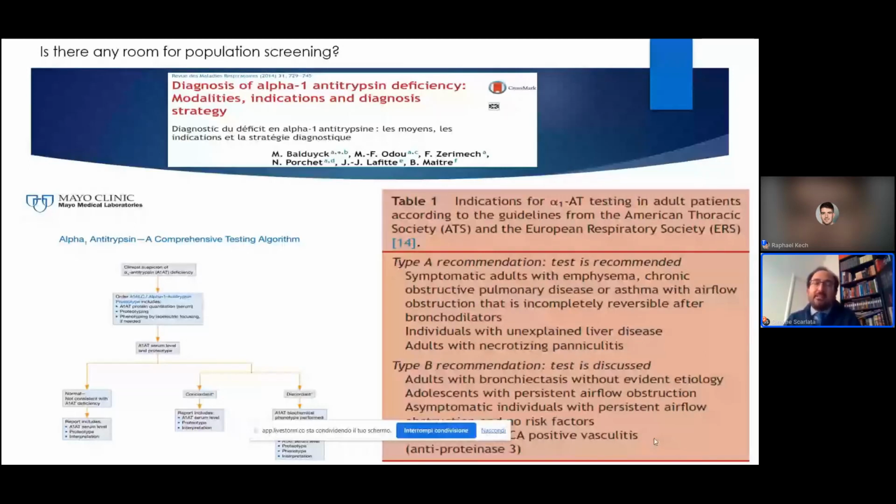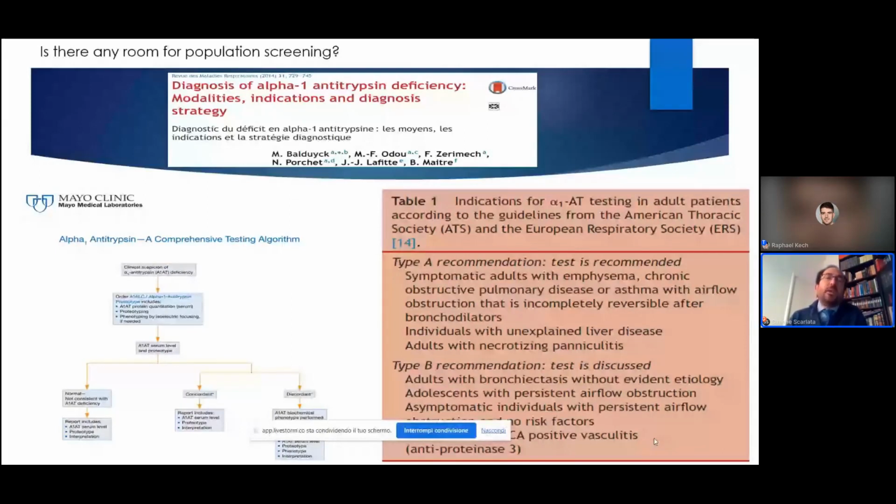This means that performing the diagnosis at this stage is probably too late, and we miss a number of patients that could be intercepted at an early stage, before the disease becomes overt and clinically evident.